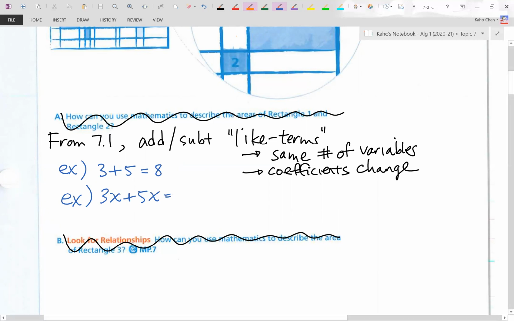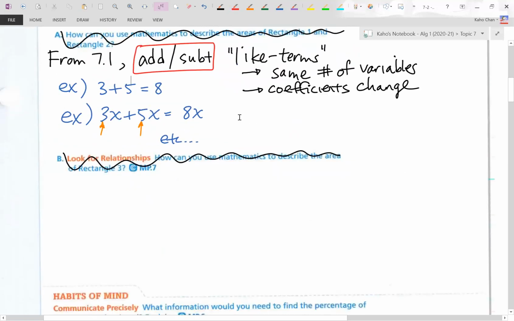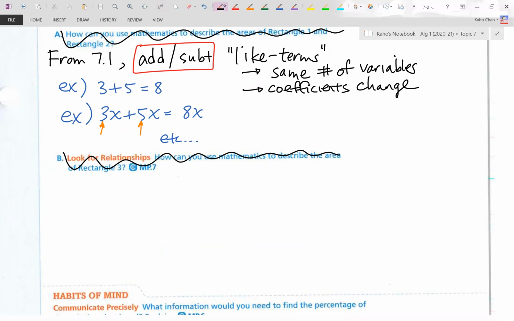The coefficients are the 3 and the 5 in front of those variables. 3 plus 5 is 8x, etc., etc. So that's what it means to add and subtract like terms. Only the coefficients change.